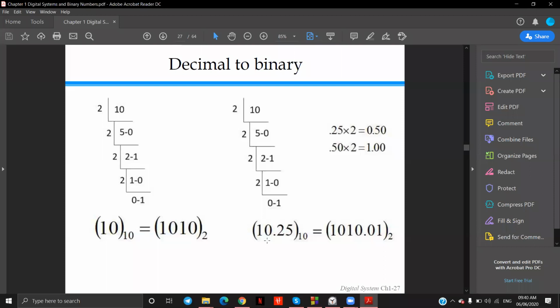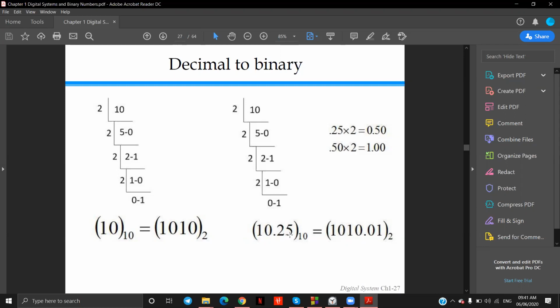Here the integer portion is 10, so you need to divide 10 by 2. The fraction part will be multiplied by the base you want to convert to. So here 0.25 is multiplied by 2.